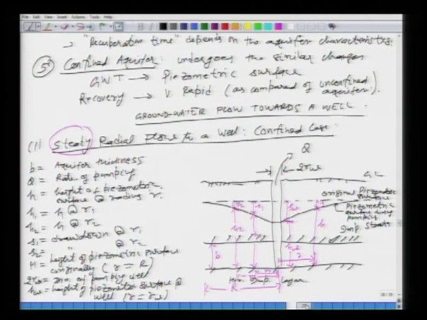Okay, let me move on and say SW is the drawdown at the well, R is equal to RW, and Q is the rate of pumping, which is constant, all right. So, these are all the parameters we have defined, okay.